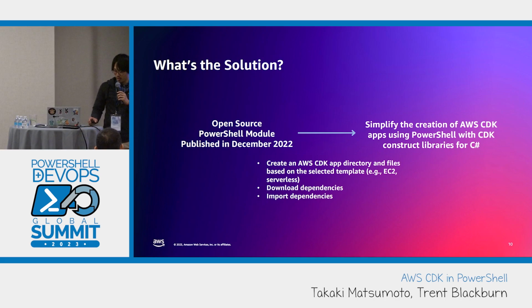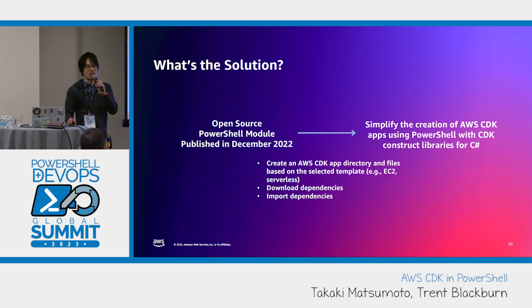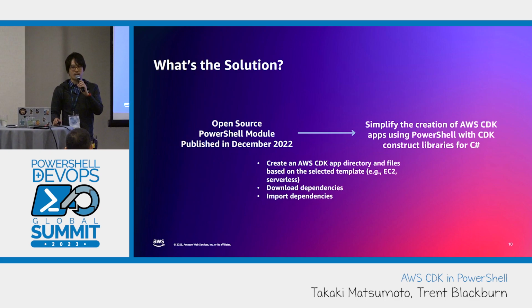All right, thank you, Trent. Yeah, I have my intro slide upcoming, but the idea here is, like Trent mentioned, there are people asking on the AWS CDK GitHub repo, hey, when are we going to have a PowerShell implementation of CDK? So the approach we took was not really rewriting the CDK constructs in PowerShell native, but more like taking the existing constructs written in C#.